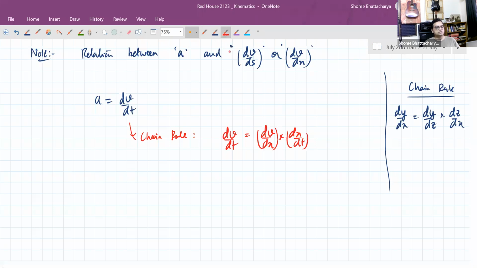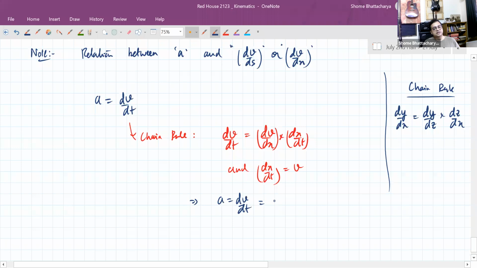So now dx by dt is nothing but the instantaneous velocity. So acceleration, which is dv by dt, can also be expressed as dv by dx into v. So this is the relation that it has.